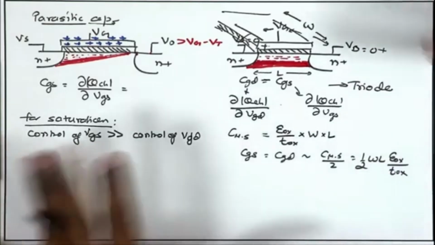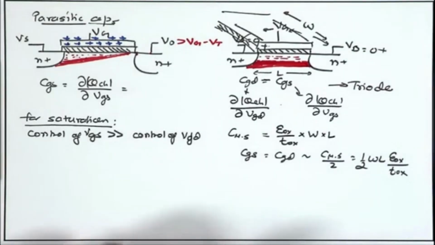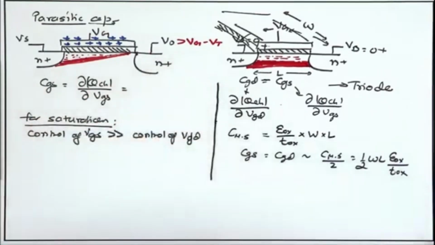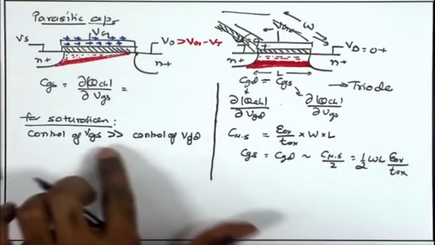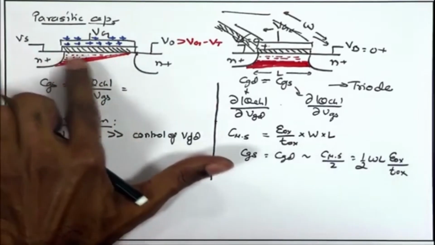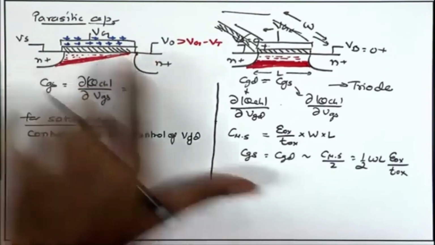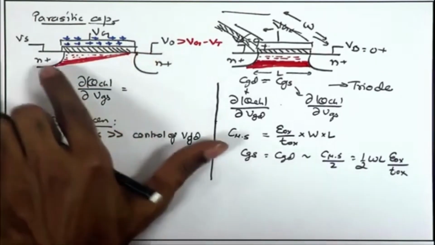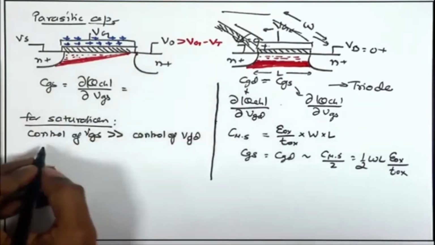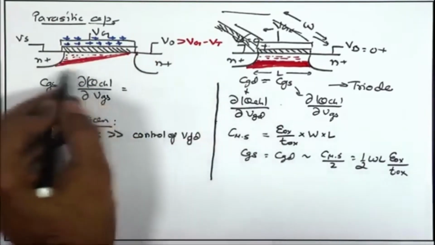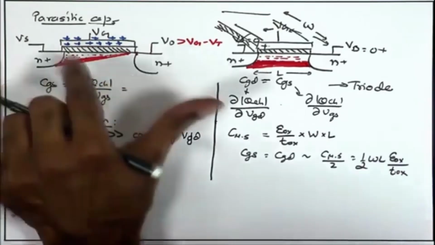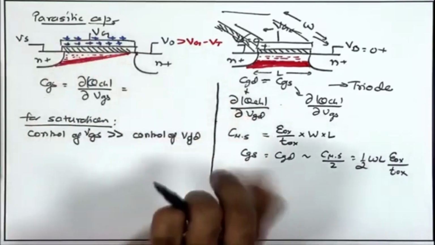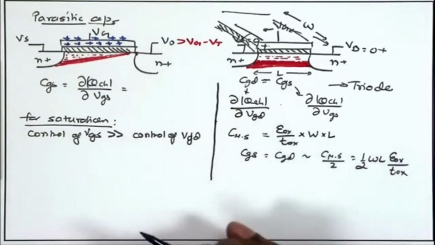This is an approximate relationship which is true in the triode region, but in the saturation region the control of the source is much stronger on the channel, and control of drain is much weaker. So, effectively C_GS takes a larger role, and we can derive the exact formulation by integrating the effect of increasing gate to source voltage on total charge and arrive at the accurate value.